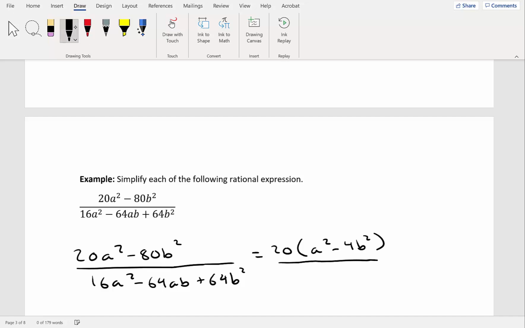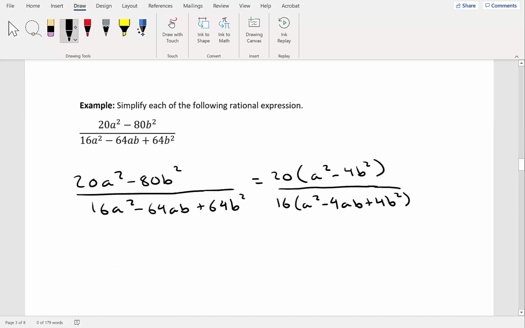Now in the denominator, the first thing I notice is they have a GCF of 16. So I'm going to factor that out. I'm left with a squared minus 4ab plus 4b squared. And now you're going to continue factoring. I notice I have a difference of 2 squares there.